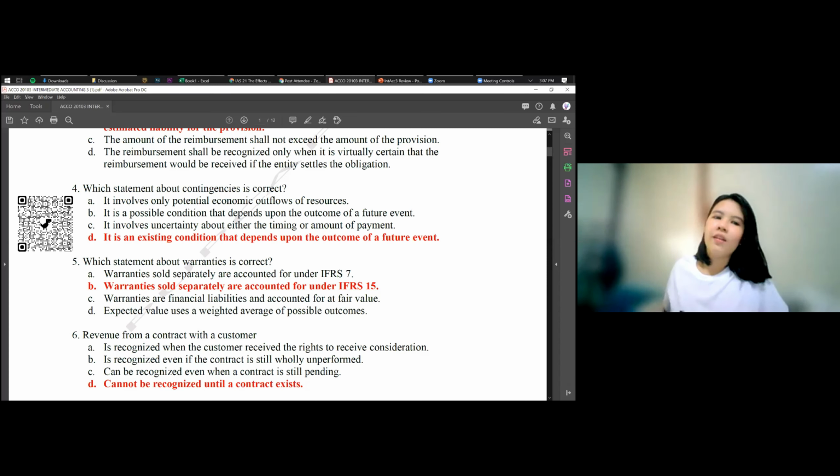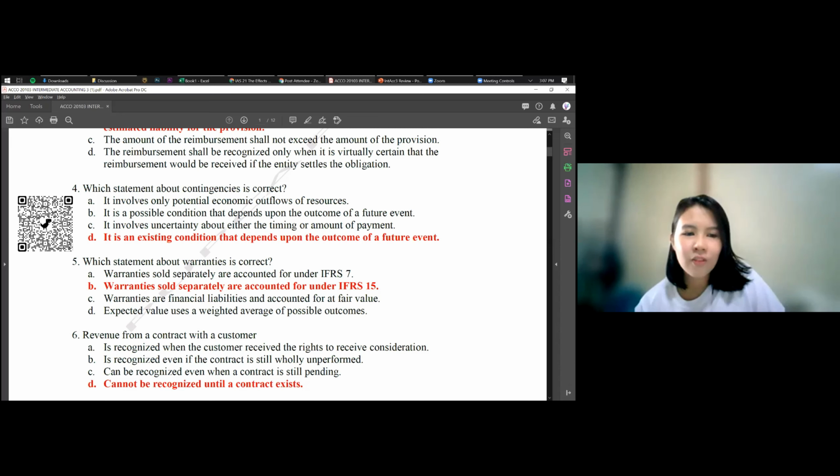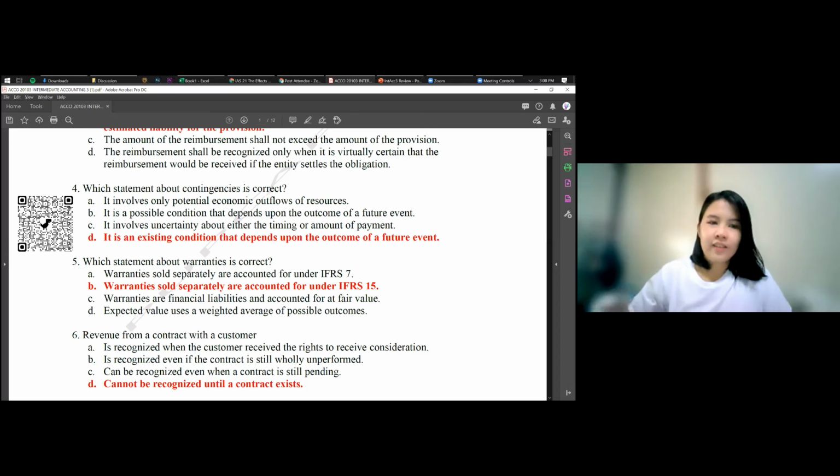So, a very obvious answer as well. Of course, letter D, hindi mo siya pwedeng i-recognize kapag wala pang contract because based on IFRS 15, diba, there are 5 steps in assessing revenue from a contract with a customer.